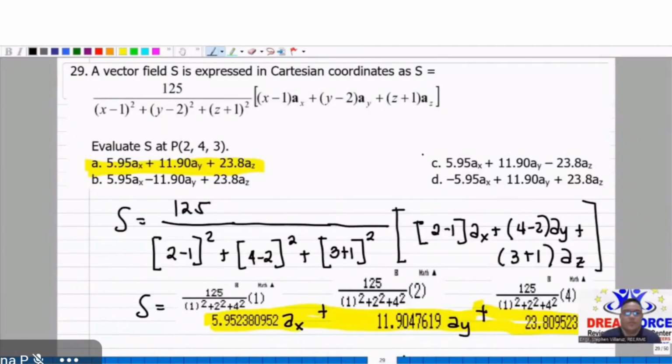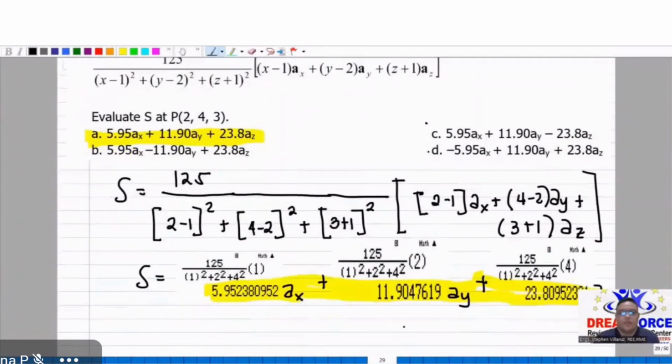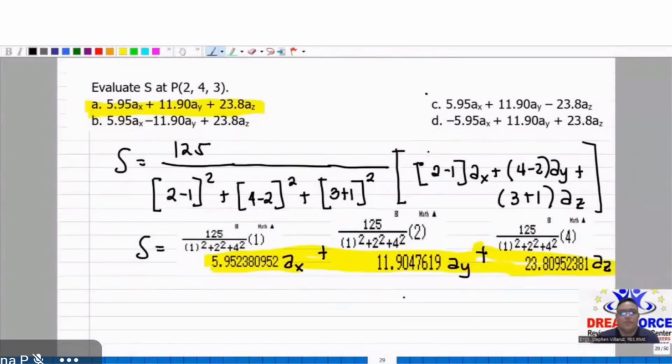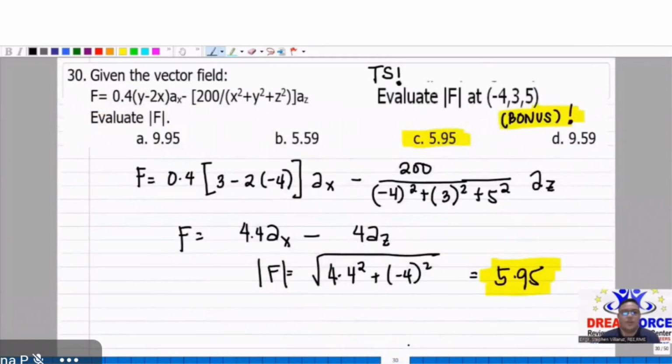So, yan, evaluate nyo lang, and that's letter A. Next, number 30. Okay? So, ito, bonus ito kasi hindi ko na ilagay yung point na evaluation ninyo. So, this is letter C. Bonus po.